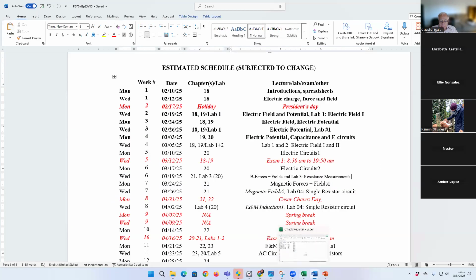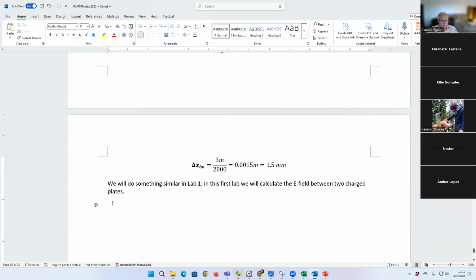Now, capacitors and capacitance. What is a capacitor, right? I'm going to write that down for you. A capacitor is a type of electrical device that is sold on the internet.